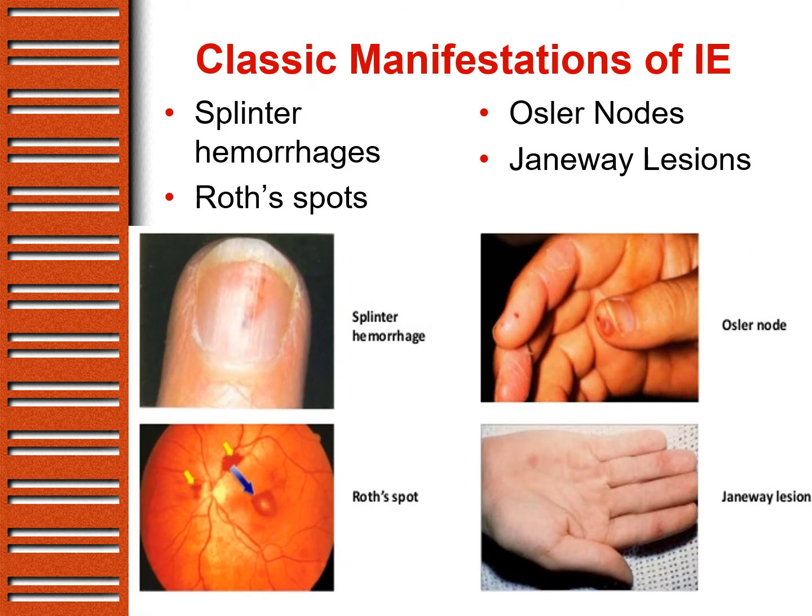Now, there are different signs and symptoms, manifestations of infective endocarditis. And the ones that we're talking about here are the peripheral manifestations. Okay, before I go into detail about those, understand that other signs and symptoms of endocarditis can be very nonspecific, such as they feel like they've got the flu.